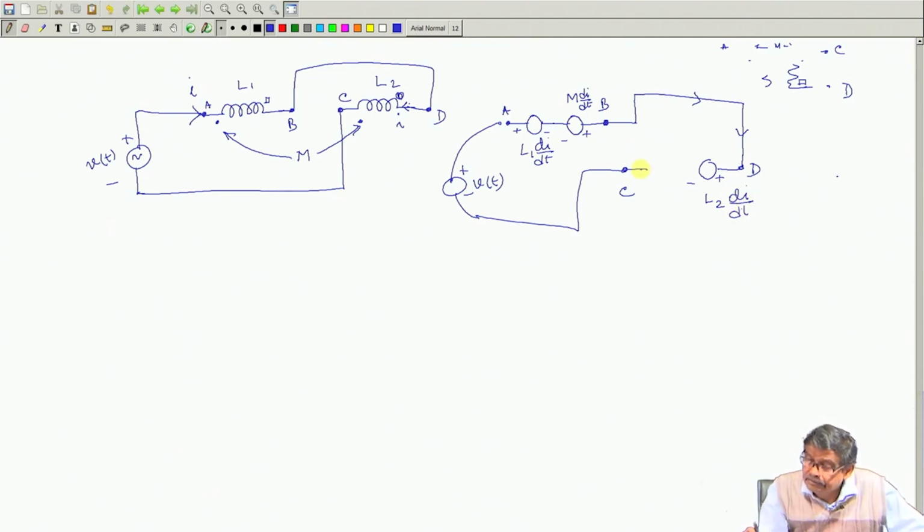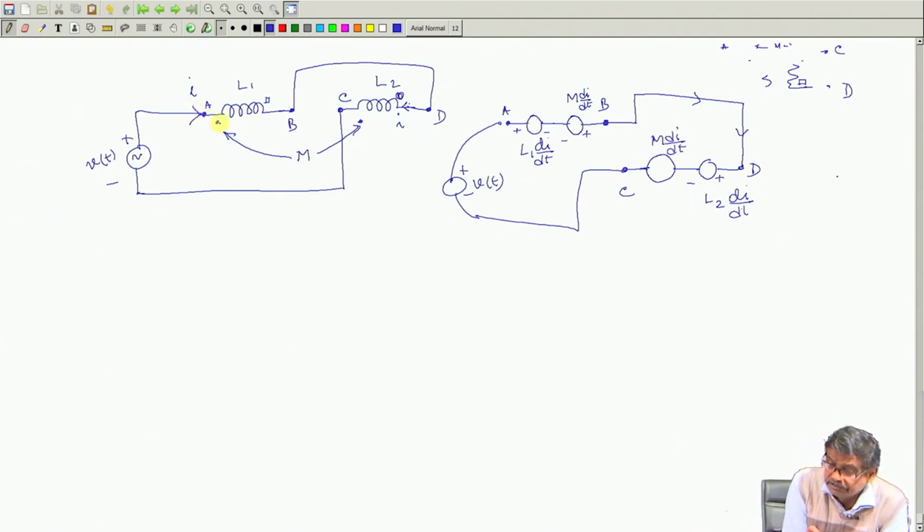And then the first coil is carrying current, so it will have another induced voltage because of mutual terms, which will be M dI/dt, and through the dot current is entering. Therefore, its dot terminal here will have plus, and this will have minus. Got the point?